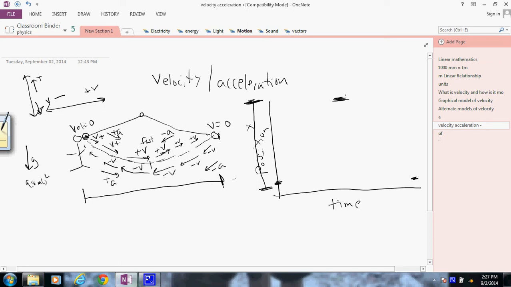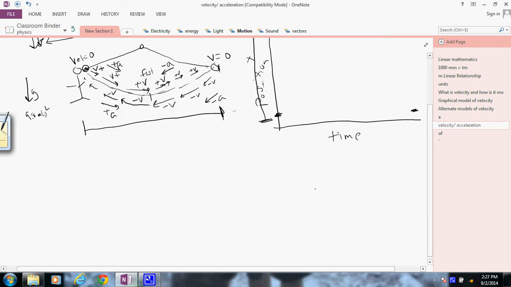Now, just an FYI, looking at slope here, if we have a position versus time graph, if I have something that's flat, there is no velocity here. They're the same position over time, they're sitting still. I could have a couple options now.